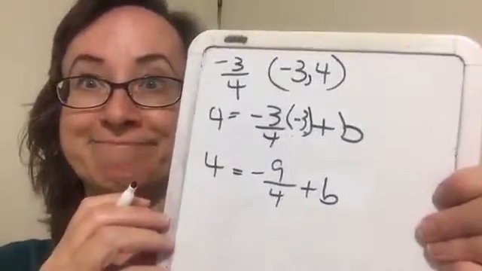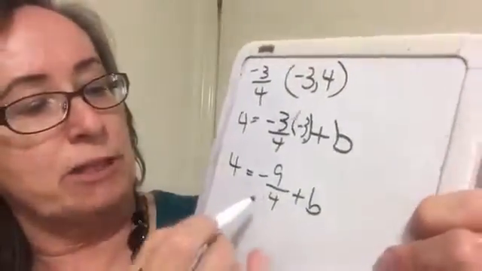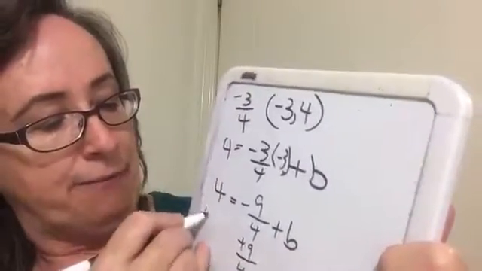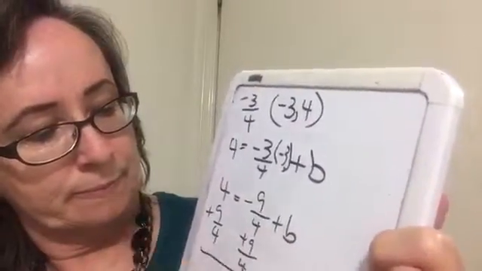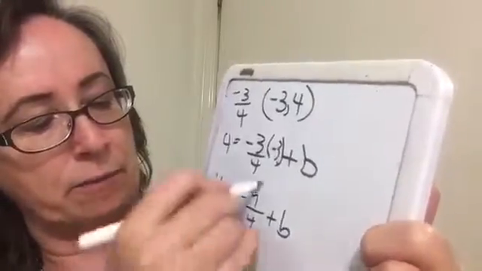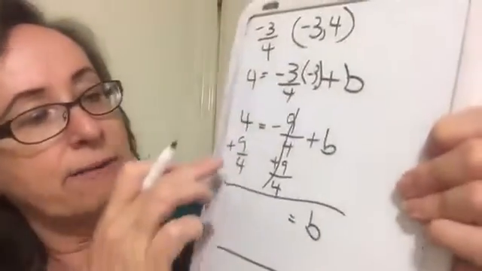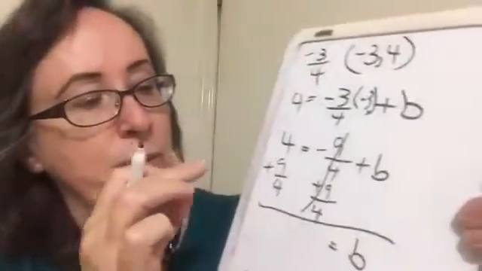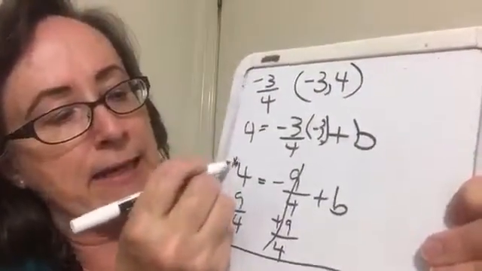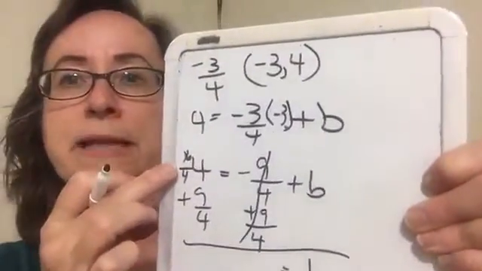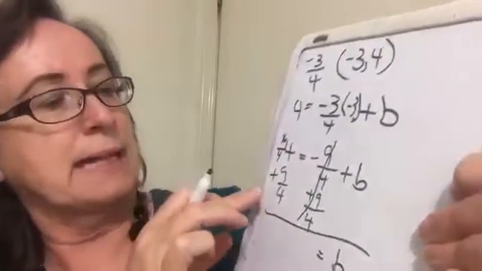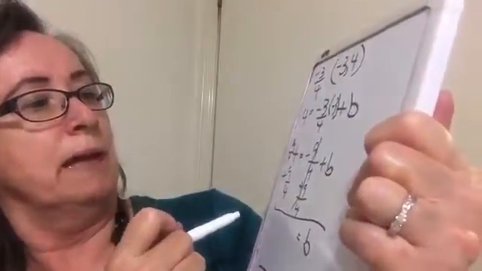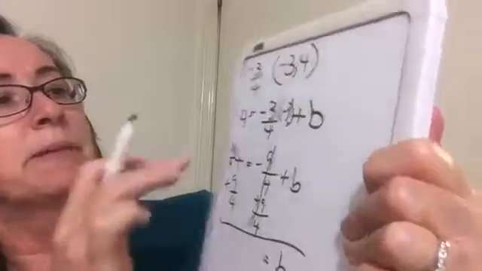Then I'm going to add the 9/4 to both sides to get my b by itself. So b is equal to, now I've got to take my 4 and turn it into something over 4. We know that 4 is 16 over 4 plus 9 over 4 is going to be, whoops, I see what I made my mistake.